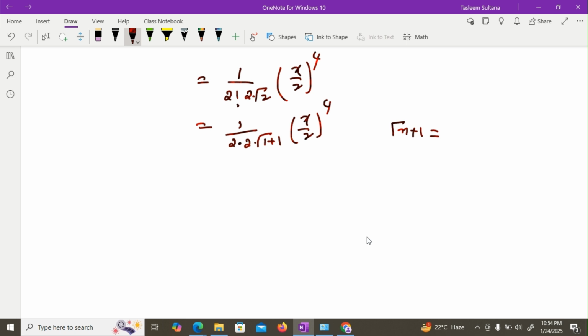That is equal to gamma n plus 1 is equal to n into gamma n.